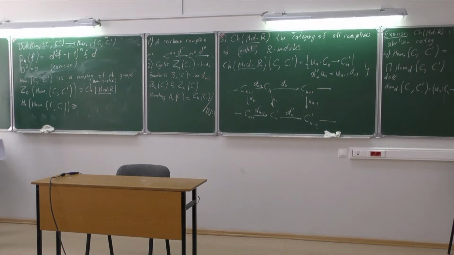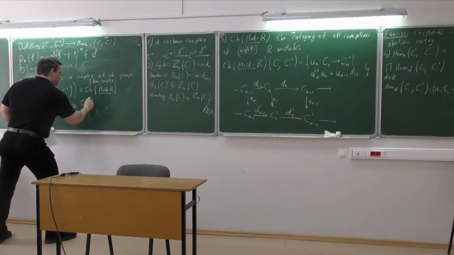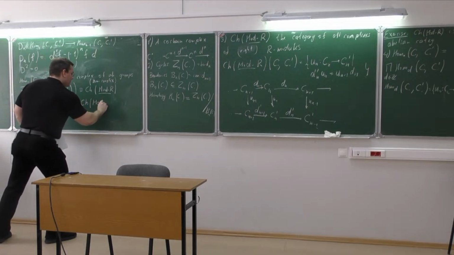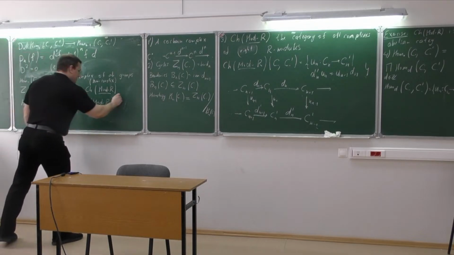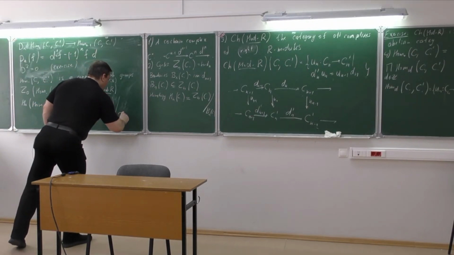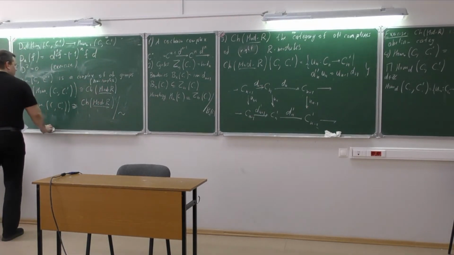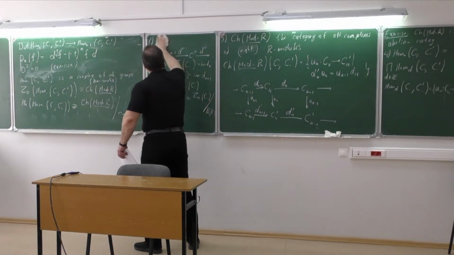Since this is homology, we're supposed to take cycles and take a quotient by something. I can write this as we take the maps in the complexes over right modules, and then take the quotient, introduce some equivalence relation, right? So this will be chain maps up to some equivalence.